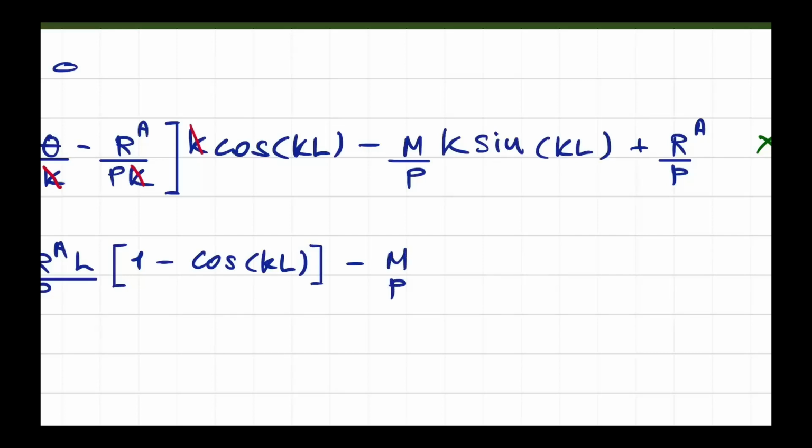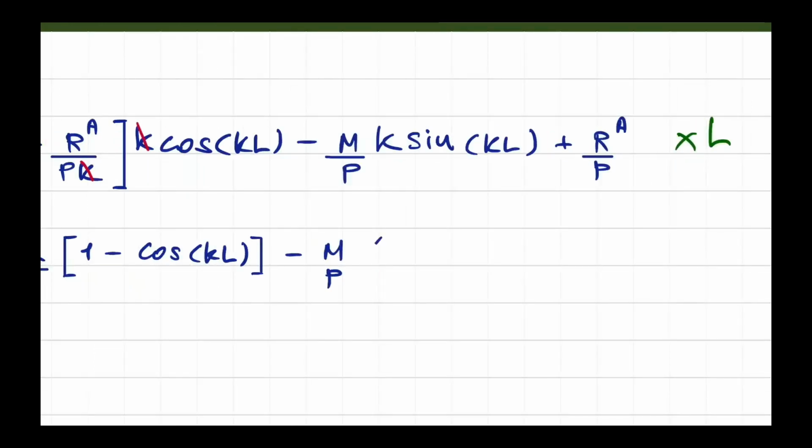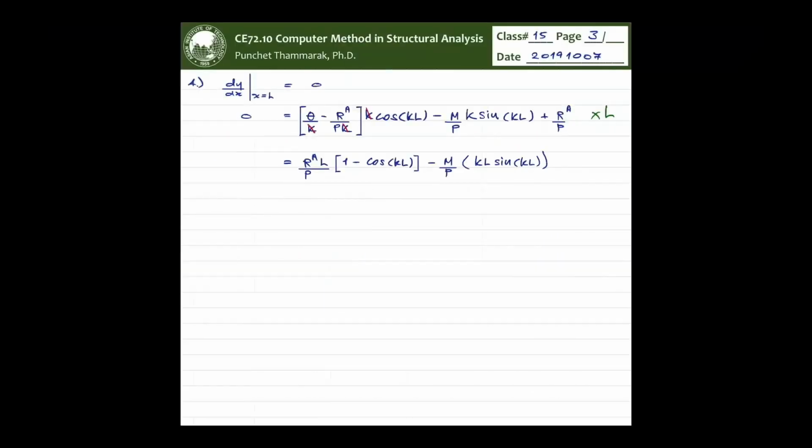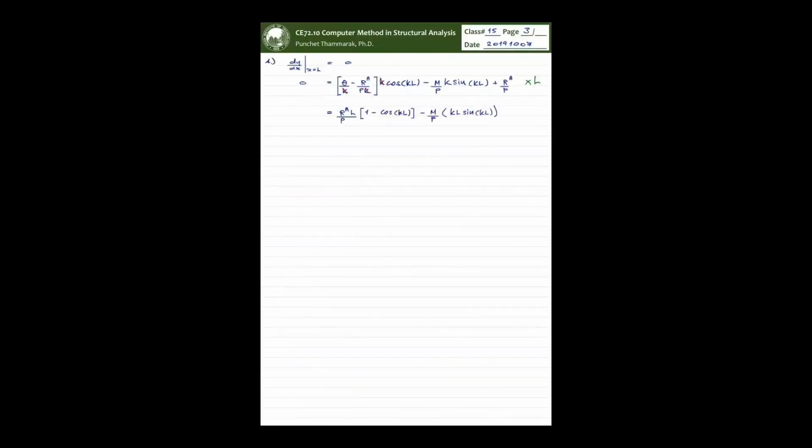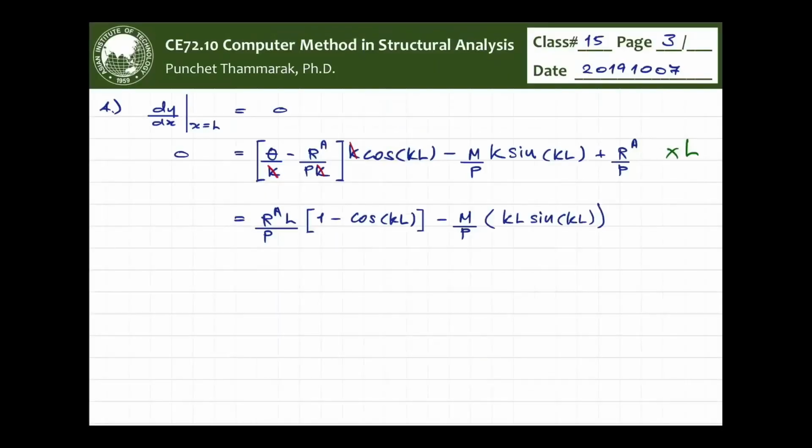M over P, and then in the bracket KL sine KL. Previously you have just M over P out there. We keep the length scale out there, right?